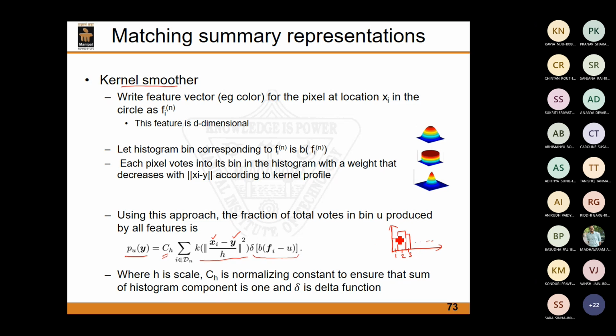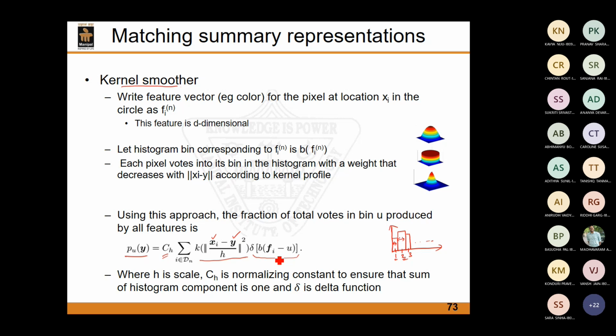The histogram center, given by 1, 2, 3, etc., indicates my u over here. And f_i is looking at the range of the feature vector value. So if the feature vector value lies within this range over here, it would be assigned to 1, or if it is lying within this particular range, it would be assigned to 2, and so on. So depending upon the feature vector range, it would be changing, right?